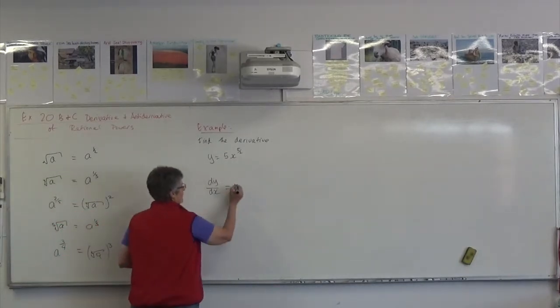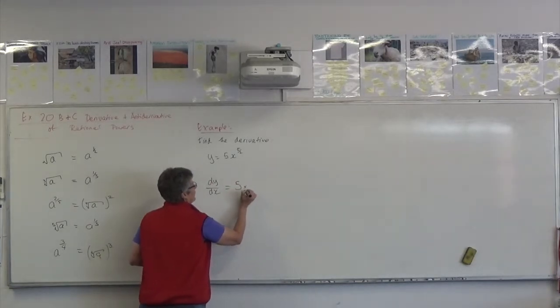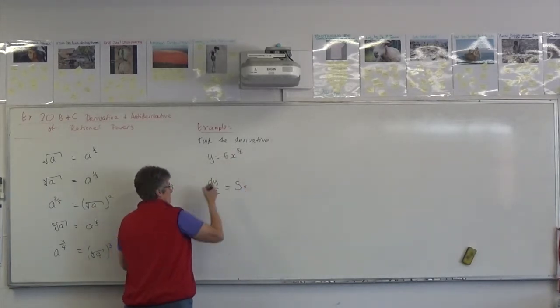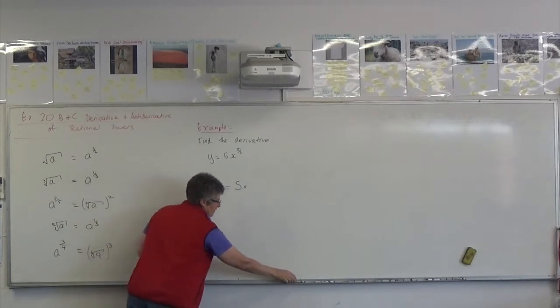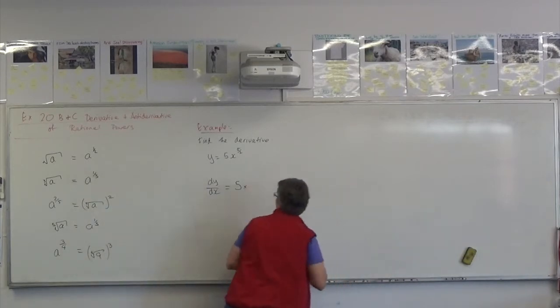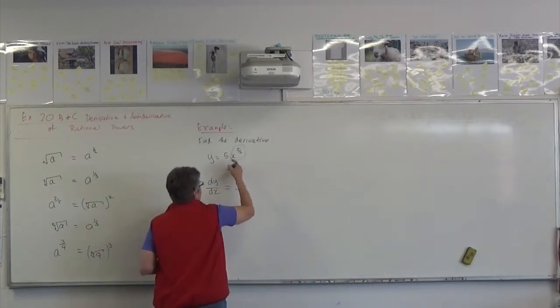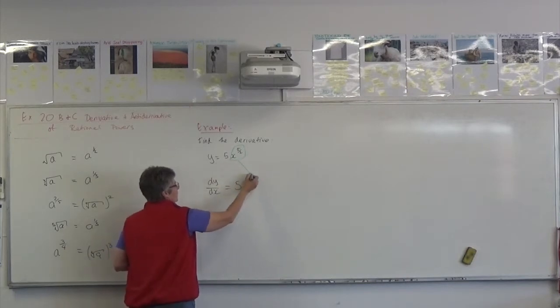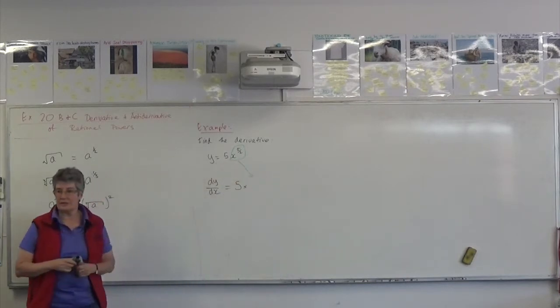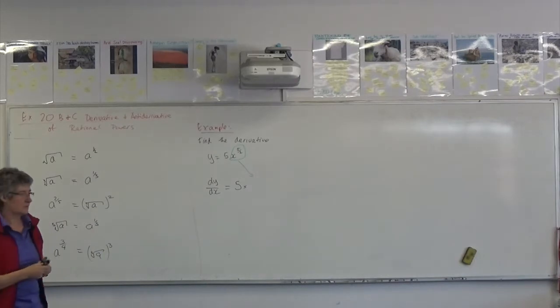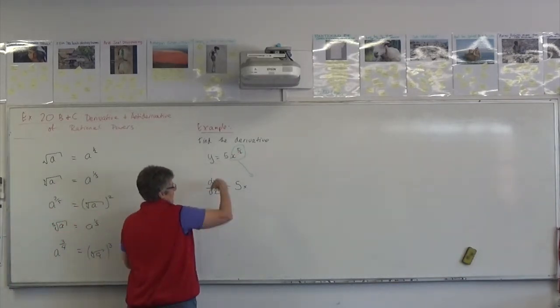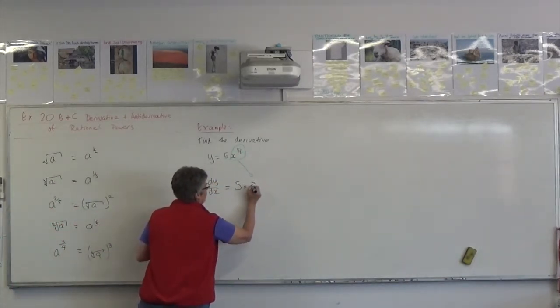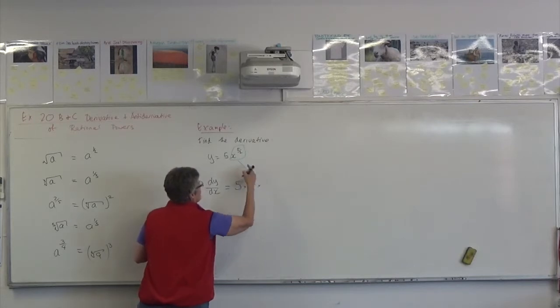So let's put the 5 down there. So let's just look at this part here. So that 5 stays there. Now I've got to find the derivative of that. How do I find the derivative? 5 times, I move that down, so that becomes my 5 over 2 times.